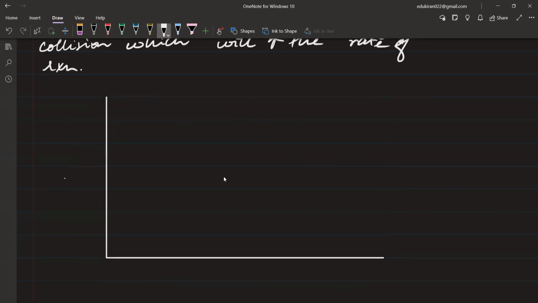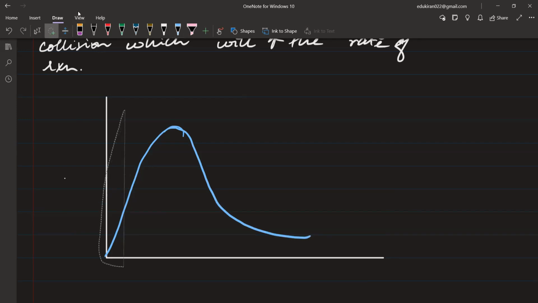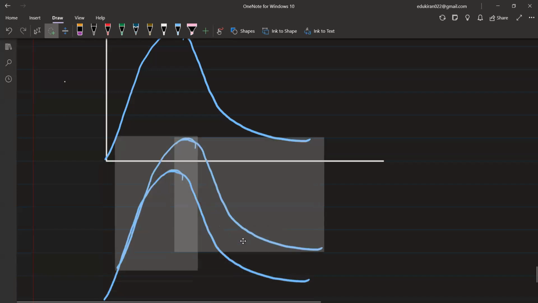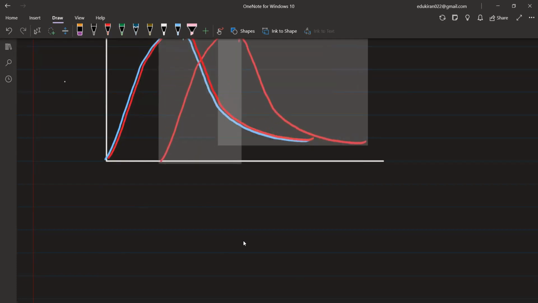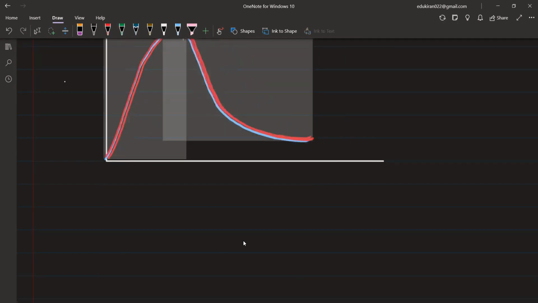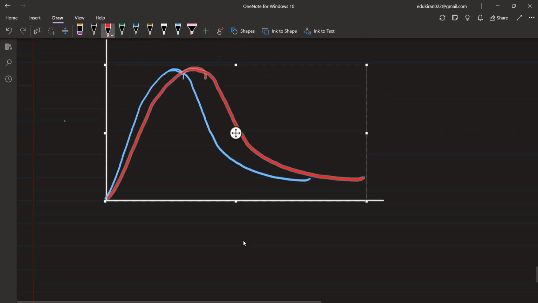Now, in this Maxwell-Boltzmann distribution curve, let us suppose one plot is something like this, and the other plot is something like this.